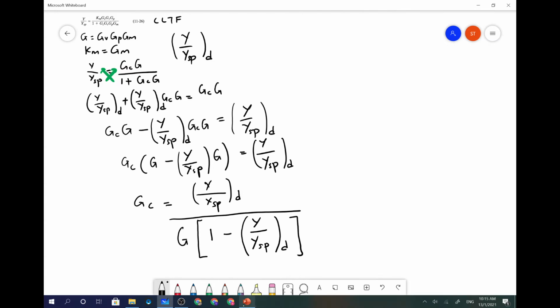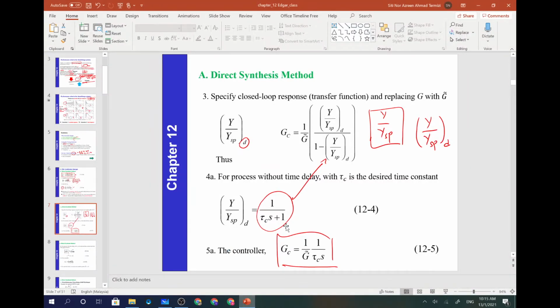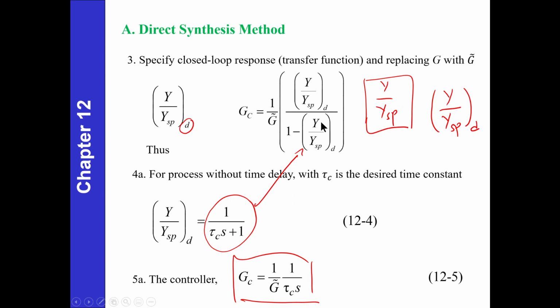Is it correct? Okay, so we get this equation.